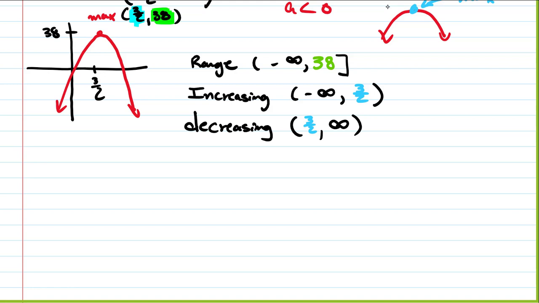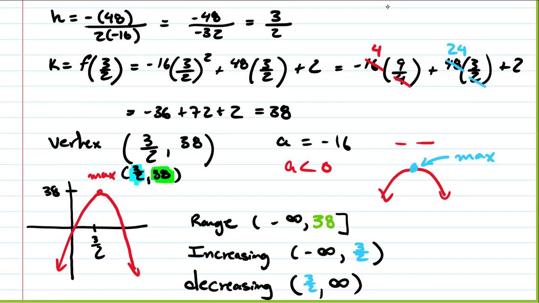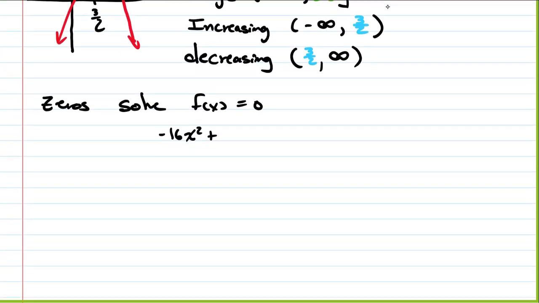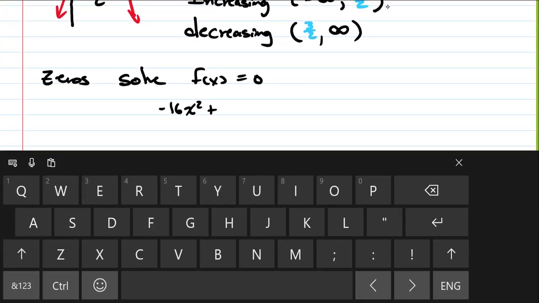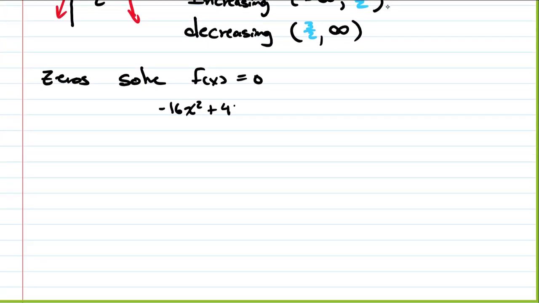So to find our zeros, we solve f of x is equal to 0. So in this case, that's going to be negative 16x squared plus 48x plus 2 is equal to 0.